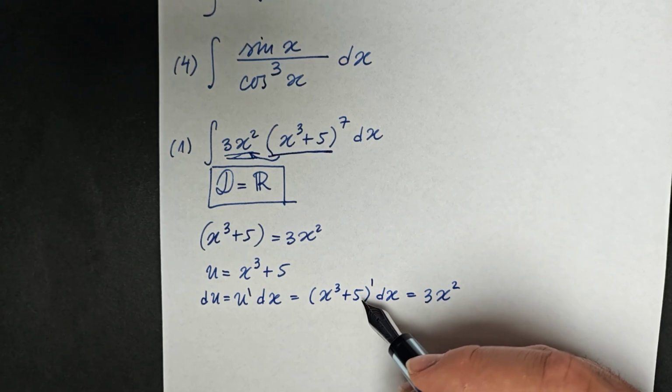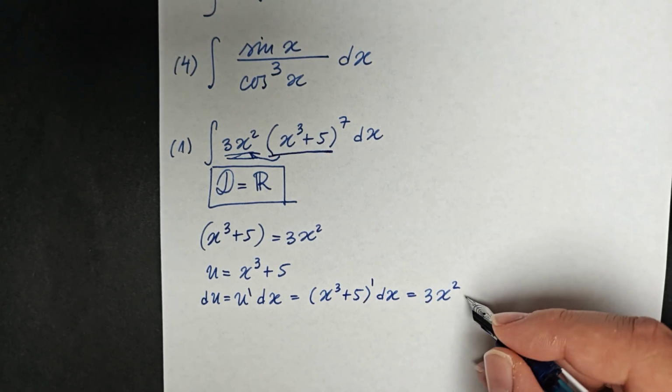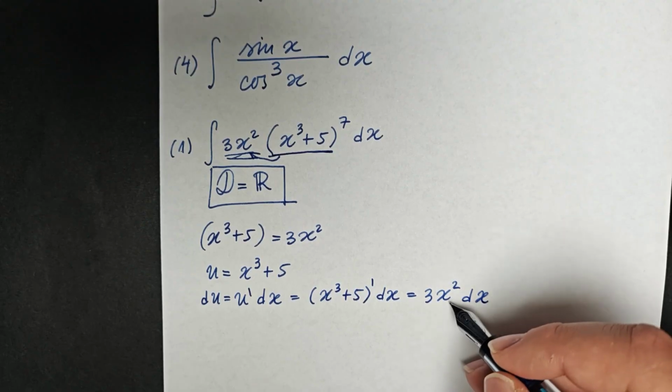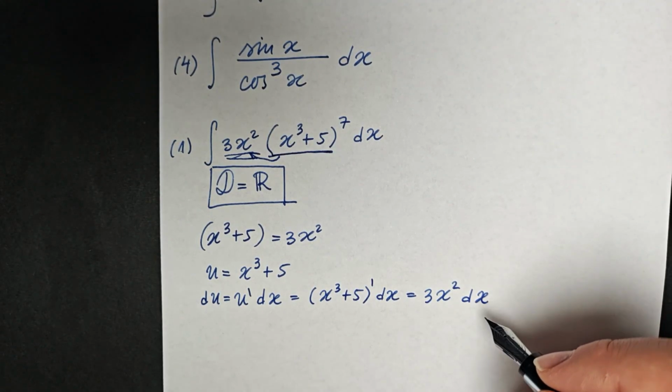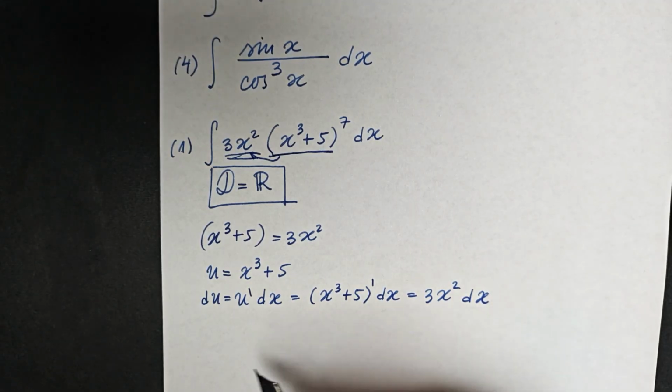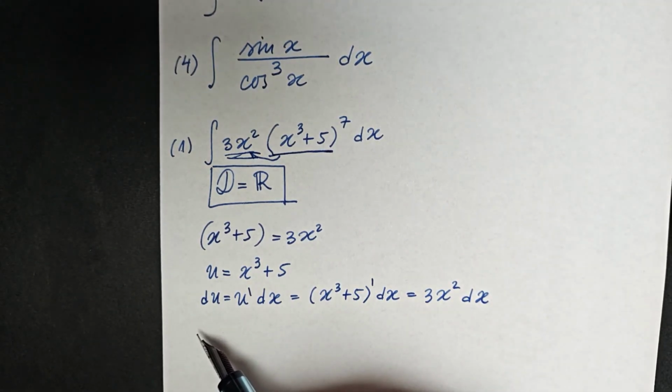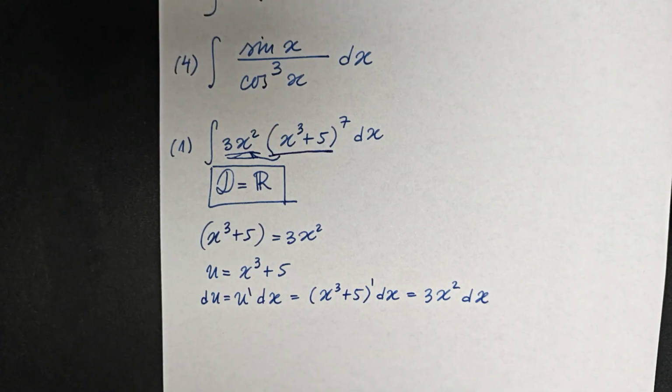Remember, the derivative of a constant is 0, so we are going to have just this 3x squared multiplied by dx. In these easier problems, your du will be exactly what you have remaining in the integral apart from u.